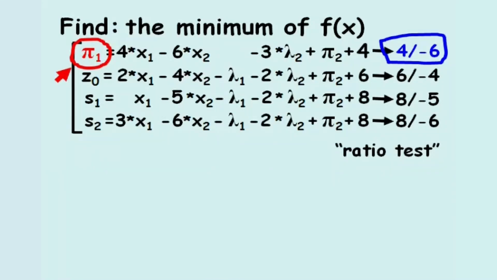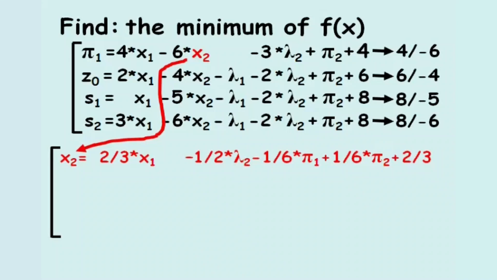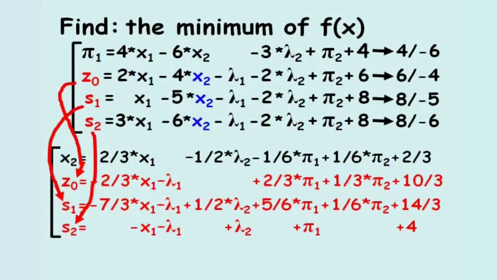The ratio test is used to ensure variables in the basis remain non-negative. As before, we'll pivot about our chosen variable x2 in the row pi1, solve for x2, and write out x2 in the next iteration. Then, we'll plug this value into x2 for rows z0, s1, and s2. And lastly, we'll update those last 3 basic variables.